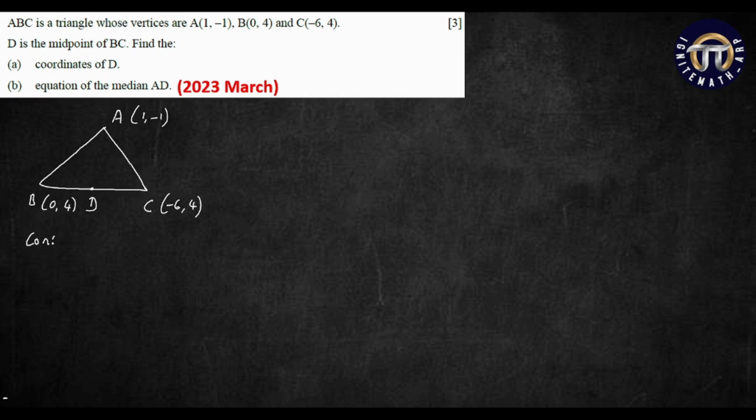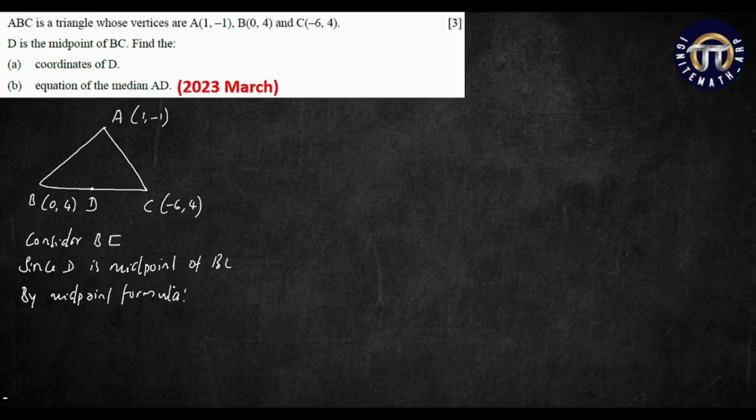So consider B and C. Since D is the midpoint of BC, by the midpoint formula I can find the coordinates of D. So D is equal to ((x1 plus x2)/2, (y1 plus y2)/2).